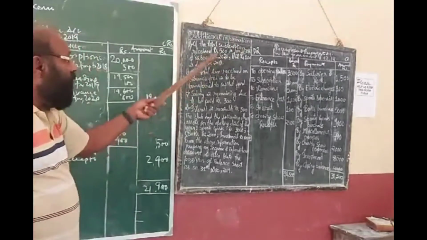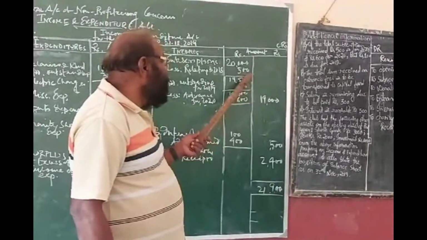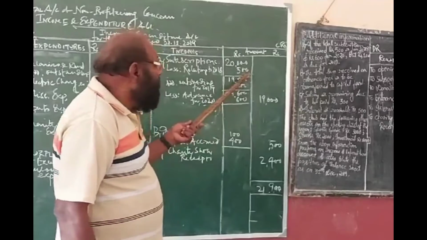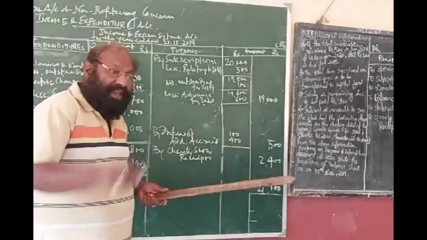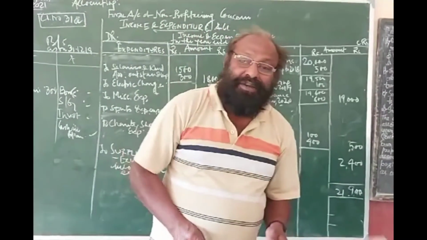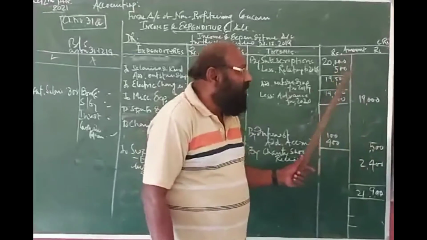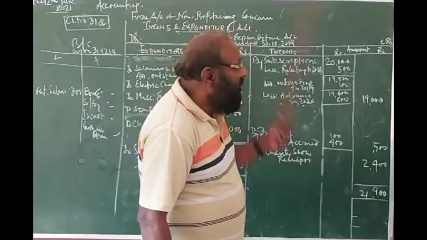It is not our income of this year. So that amount has been deducted. Okay, clear? And this arrear subscription, which was of 2018, will be treated while preparing the opening balance sheet. In the opening balance sheet, it will come.